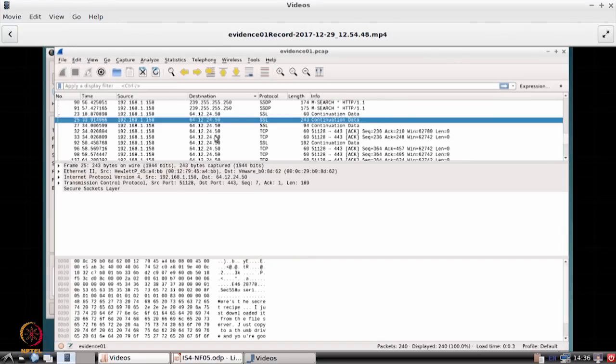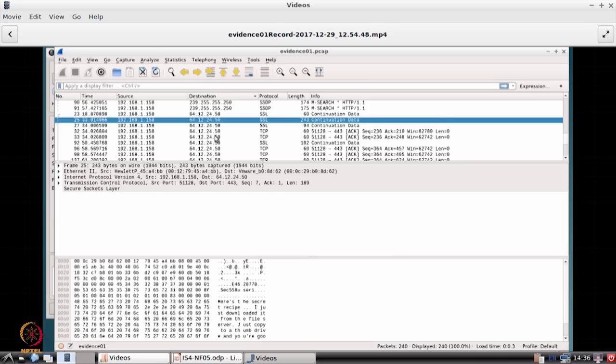Now, by this point we do not have any idea of who has sent this, but we just know that the data has gone from machine 192.168.1.158 to 64.12.24.50. One of the things you should know is that I could always argue that I did not send the secret data, that I was just having a chat and this is something else.